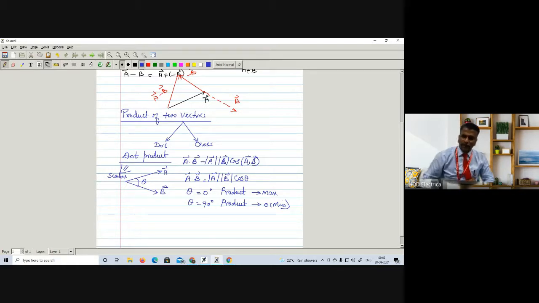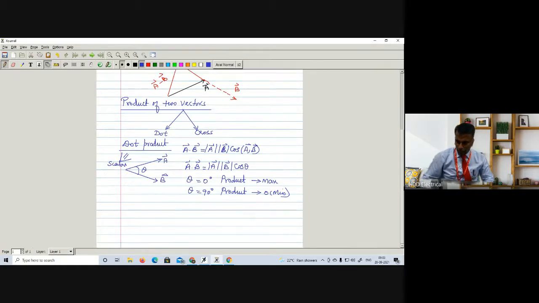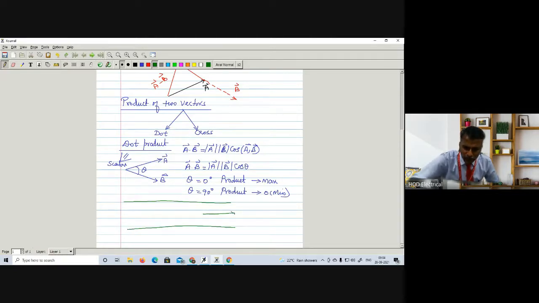I will explain this concept, the dot product application. Let me take another color. Assume that this is a river. The river has water flow. This water flow you can take as FW, which is a particular force moving.